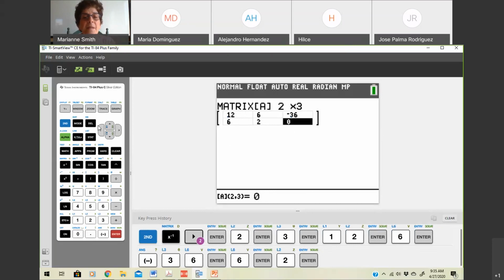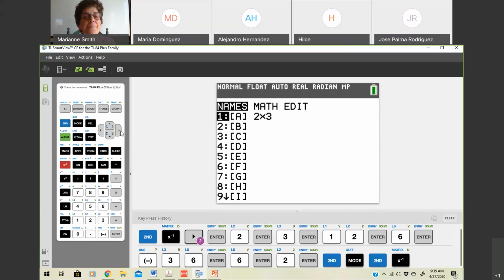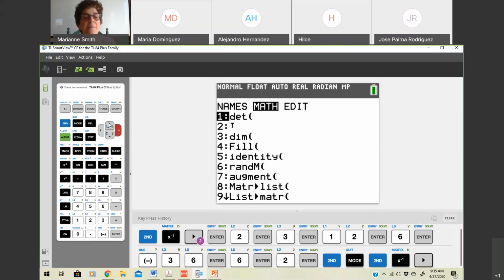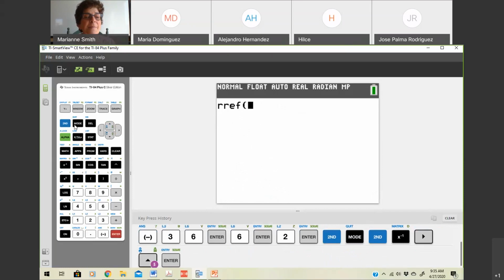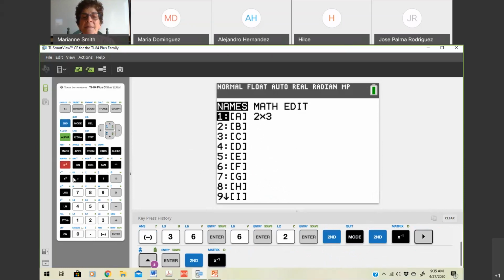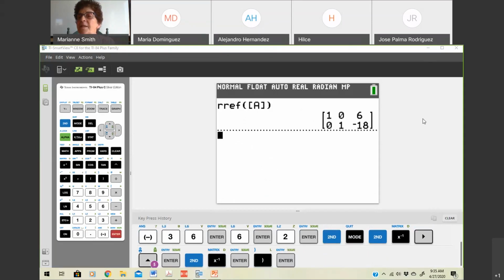Okay. Once I get that in there, I'm going to use RREF. So again, that's in my matrix math menu. And you might remember it's faster to go backwards to B. So I take RREF and then I put matrix A in there. Okay. And if I take a look at this, what am I getting as my values?